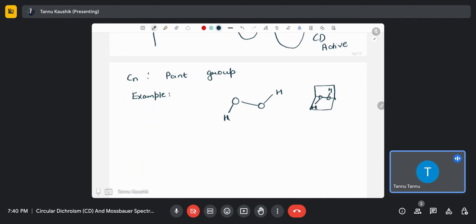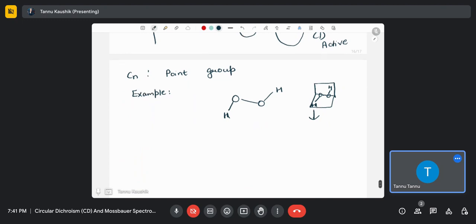And if we have to find the symmetry elements in this group, we can see that it has a C2 axis of symmetry.